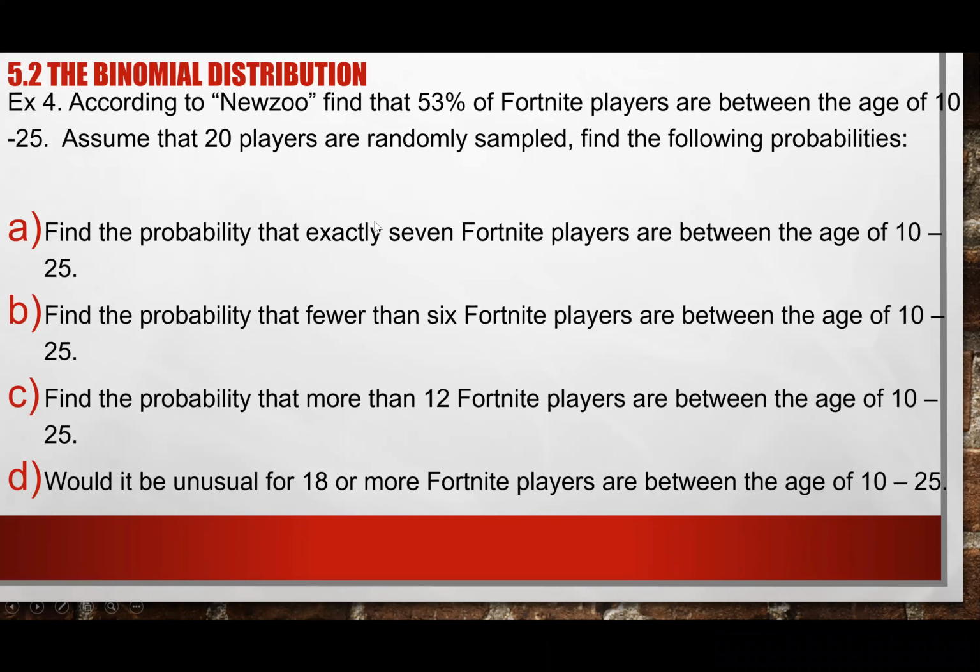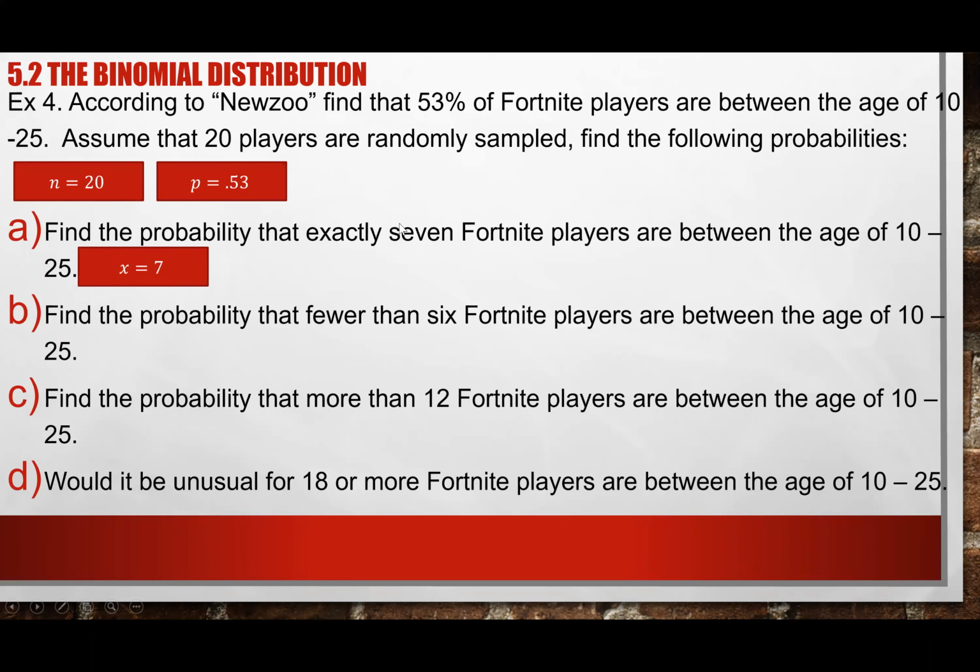So again, the first thing you need to recognize is, what is my N? Do you agree that my N is 20? What is my P? Do you agree that my P is 0.53? And in this case, for A, do you agree that my X is equal to 7? Because it's exactly 7, I have to use the binomial PDF.